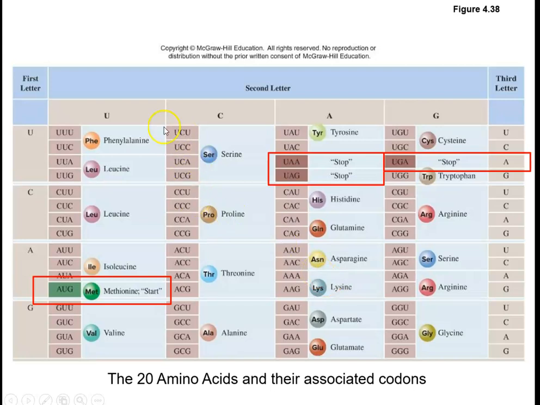A little thing about this table, let's take this first section here. You have UUU and UUC, and both of these codons code for phenylalanine. You come over here to this column, you'll see that all of these code for serine. You've got UCU, UCC, UCA, and UCG.